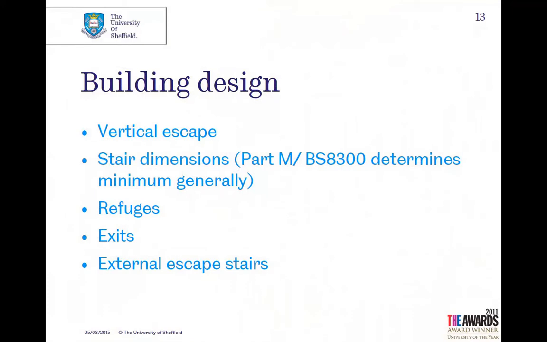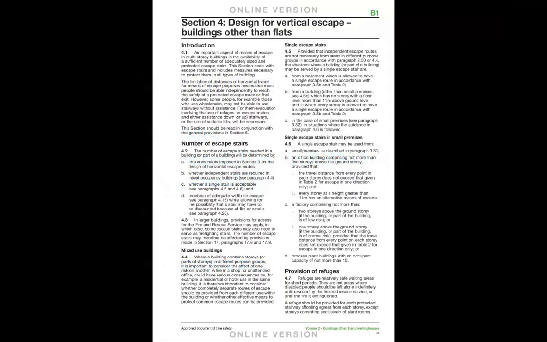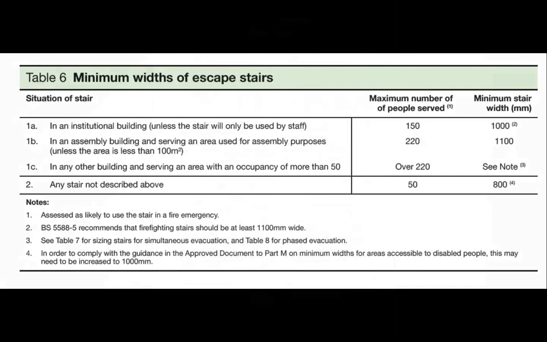Okay, vertical escape. This is what we're going to cover: stair dimensions, where it's a similar picture. Your Part M compliance, your accessible design, generally supersedes any fire design for reasonable scale buildings. We'll look at refuges and talk a bit about exits. So, minimum widths of escape stairs.